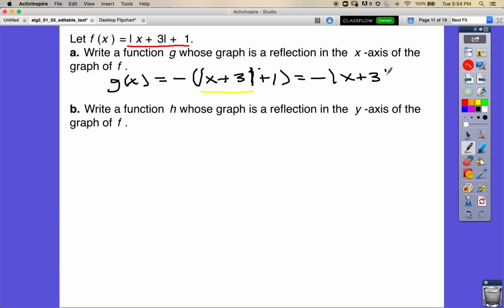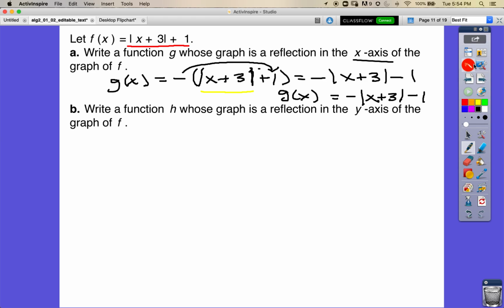Don't distribute it to that 3. But I am going to distribute it to this positive 1, which now makes it negative 1. Okay, so here's my new function. G of x equals negative absolute value x plus 3 minus 1. Okay, that should be a reflection over the x.